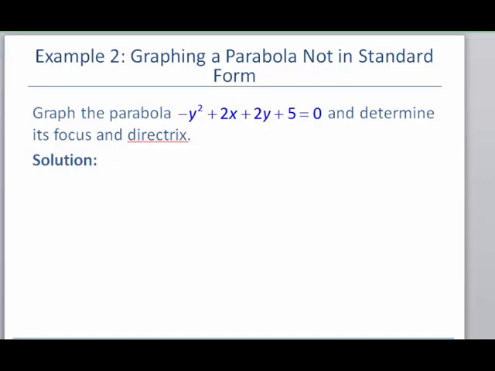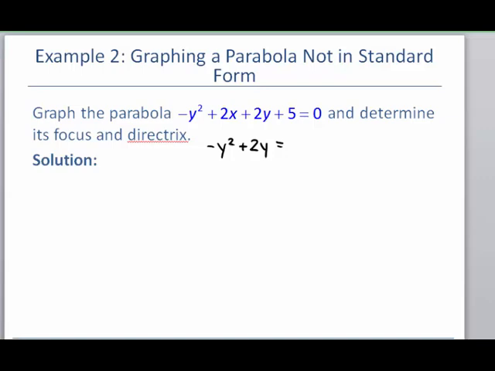So I'm going to rearrange my terms just a little bit. I'm going to put my y terms together. So that will be the negative y squared and the 2y. And I'm going to move the other terms to the other side.